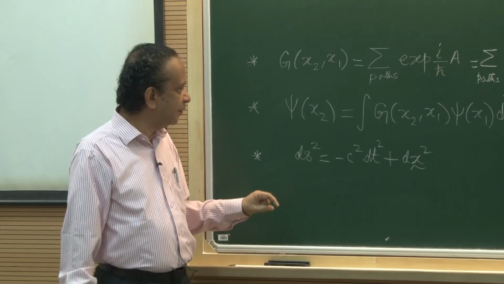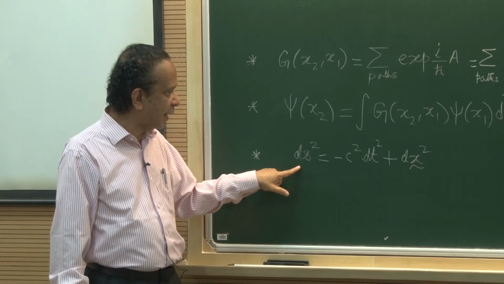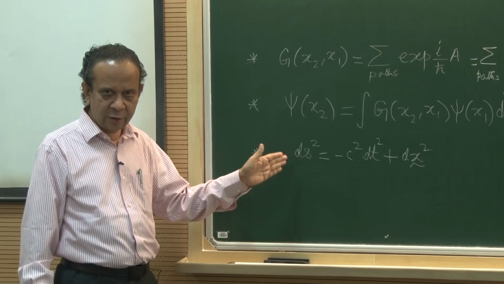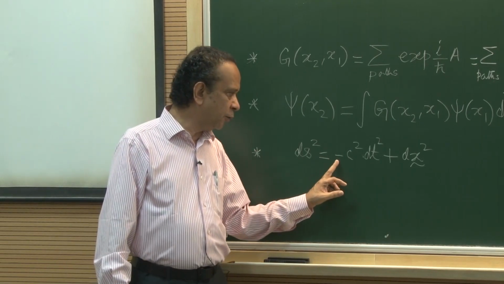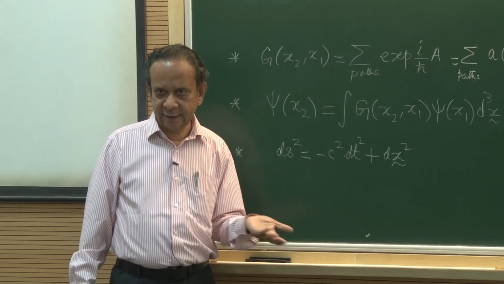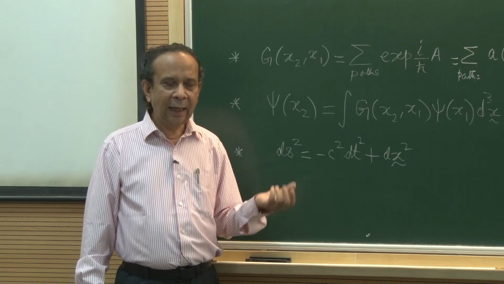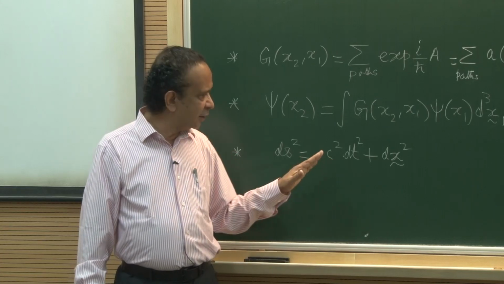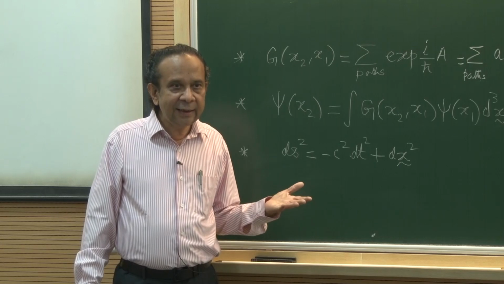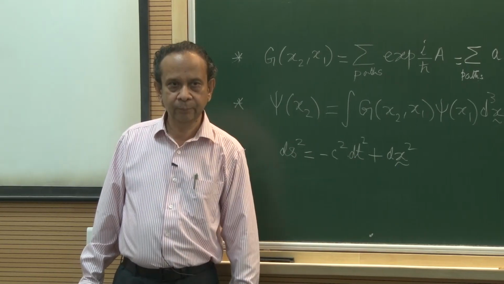Now, to be very precise, this ds square has a couple of more important connotations which I wanted to tell you. One is I have put minus here. You could have put this plus and this as minus, it does not really make any difference. With this notation, minus ds square is essentially the time if the particle is not moving.